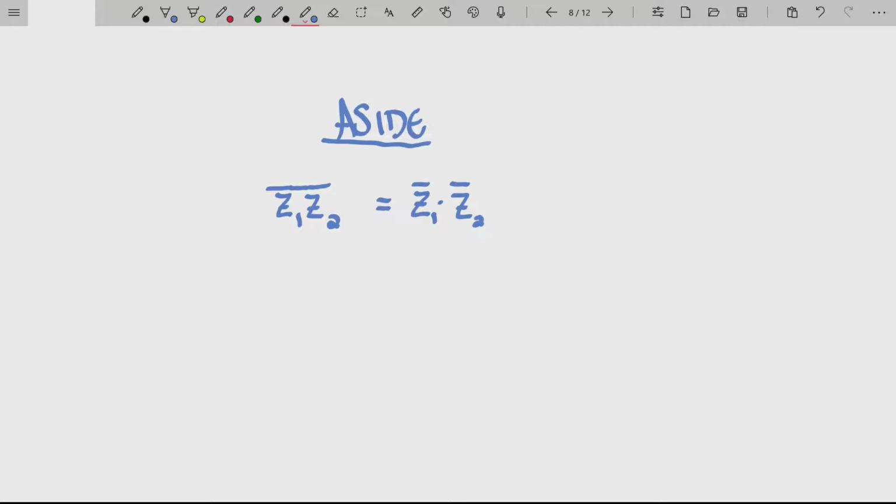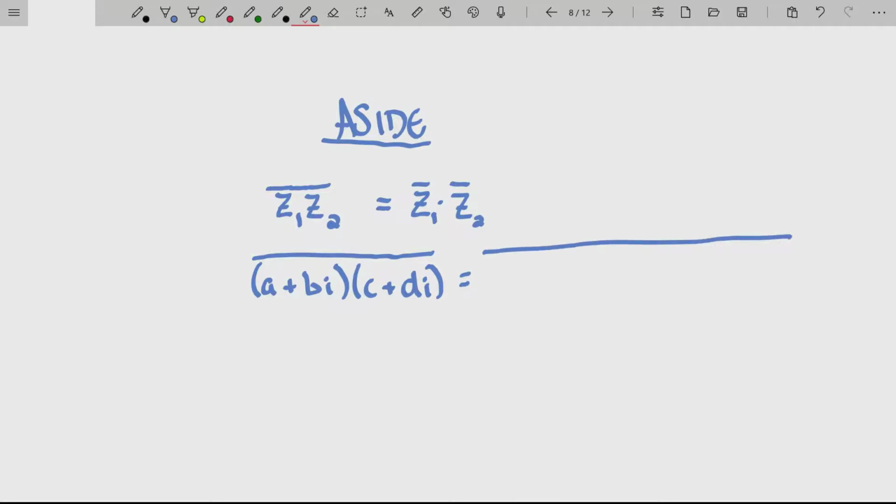So it's actually a very fast proof. All you need to do is assign some letters to z1 and z2. So z1 is a complex number, so it's like a plus bi, let's just pretend. And z2 we'll call c plus di. And we'll multiply them together and then take their conjugate.